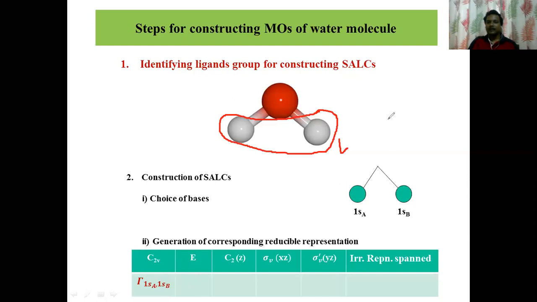So if I take operation R, operating on this basis, which I write as 1s-A and 1s-B, it is going to give me the resultant basis, whatever it is, depending on R, right?